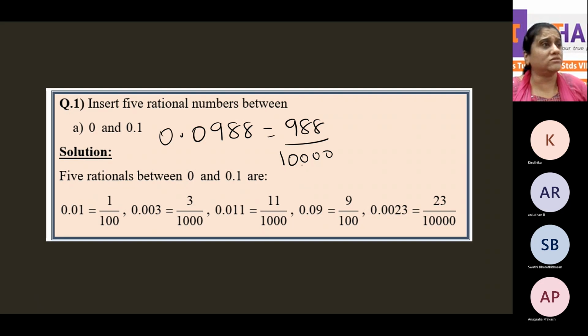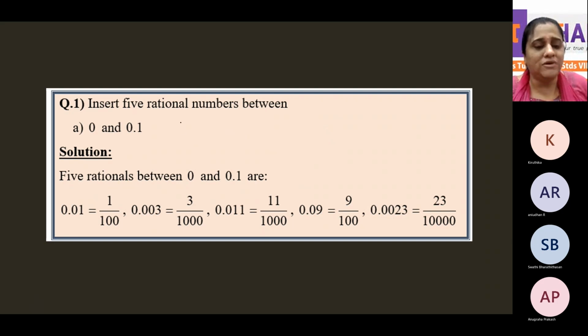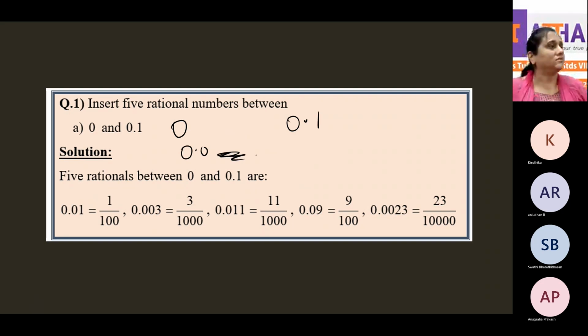Now you'll have to reduce it by the tables of 2, right? So that is again time consuming. So don't go for such numbers. In very simple words, between 0 and 0.1, what to do? Just start with 0.0 and write anything. Or you write 0.00 and write anything.